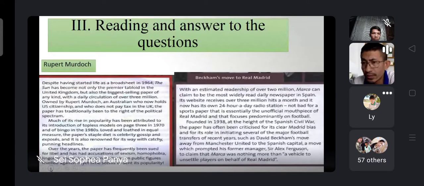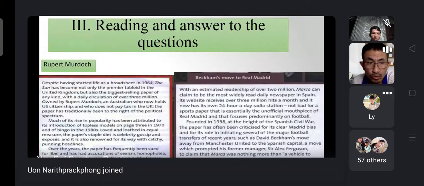What's the reading about? I just read about the newspapers. The reading is about the newspaper. But what's the main theme of the reading? The main thing is the reading about Rupert Murdoch.